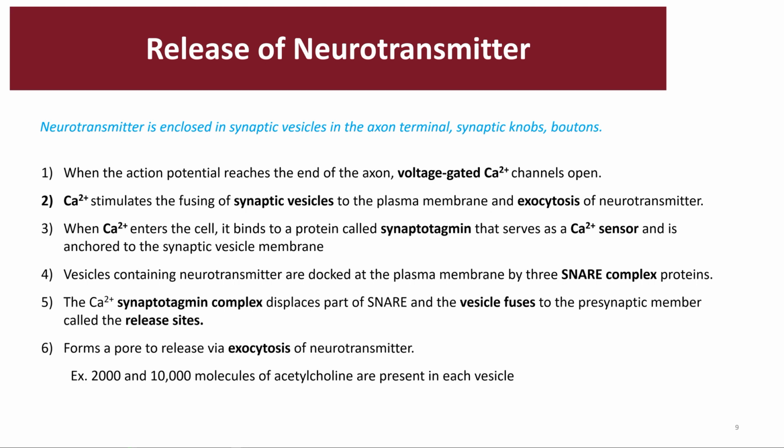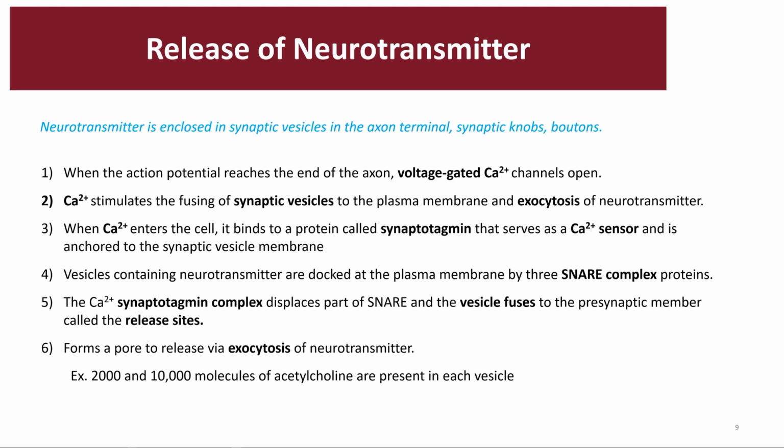This is not completable without the help of the SNARE complex proteins. The SNARE complex proteins, together with the synaptotagmin complex, will then fuse onto the presynaptic membrane to generate this release site where pores will allow the exocytosis to occur.